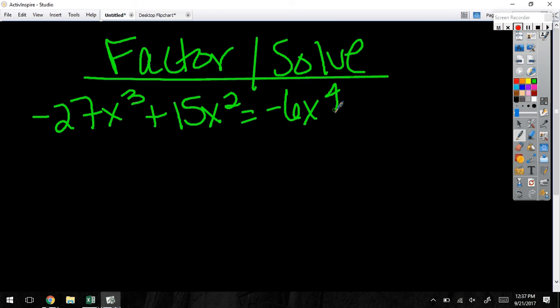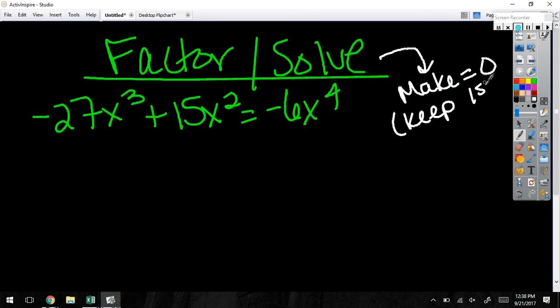So remember, whatever we're doing, it's always easiest. We need to make it equal 0 before we start. And I'll tell you, the easiest thing to do is to make sure the leading coefficient, which is the one with the biggest exponent, stays positive. So I'm going to put your little note. Keep the first term positive.